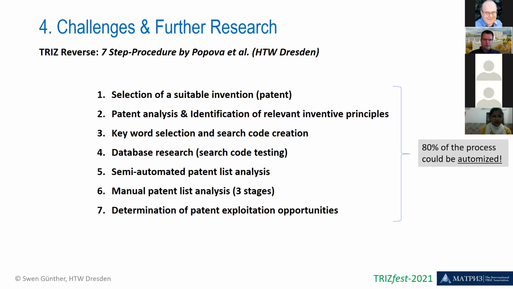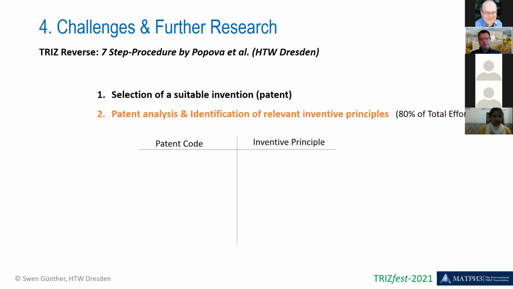What Silvia already explained on Thursday, together with the example that they gave, is that we have a semi-automated procedure right now. Quite time consuming is the second step, the patent analysis and the identification of relevant inventive principles.